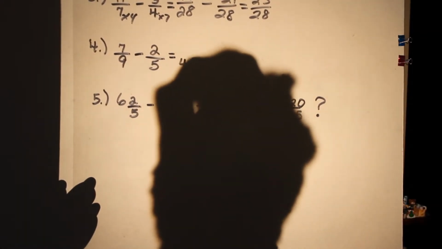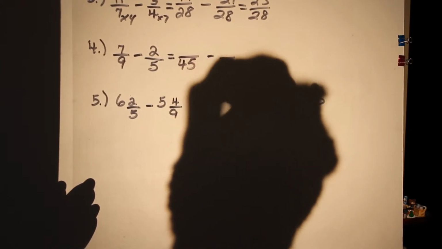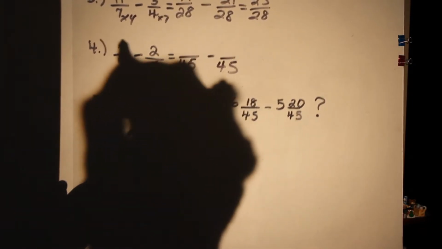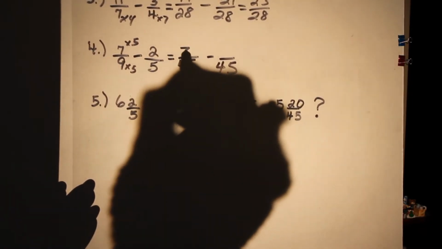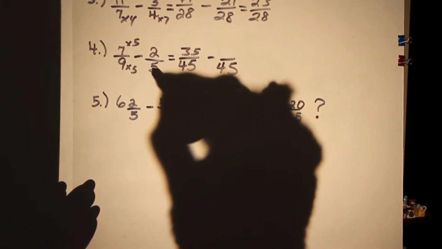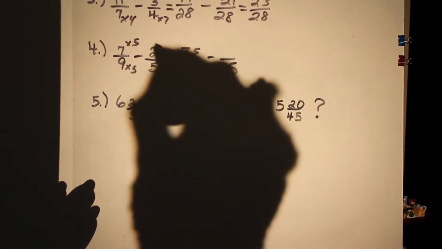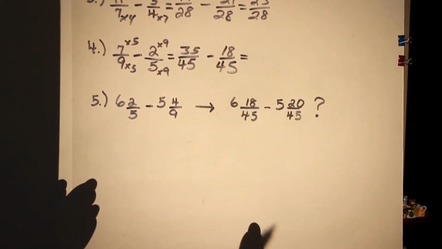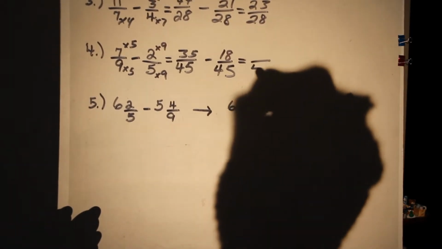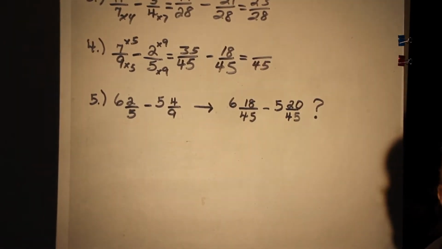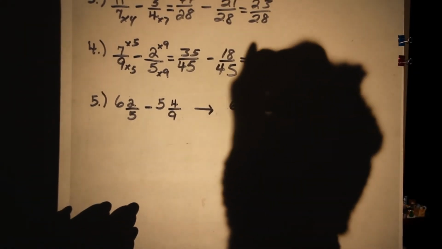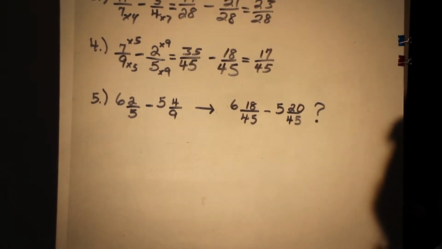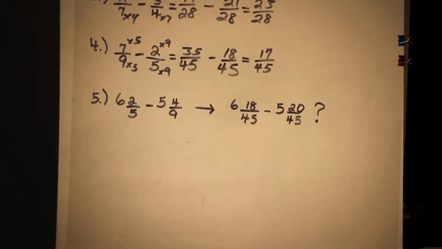Have to change that. 9 times 5 gave me 45. 7 times 5 will give me 35. 5 times 9 gave me 45, so 2 times 9 gives me 18. So 45 is going to be my common denominator. 35 subtract 18 is going to give me 17. I can't reduce 17/45 any lower, it's a weird number, but that is the final answer.